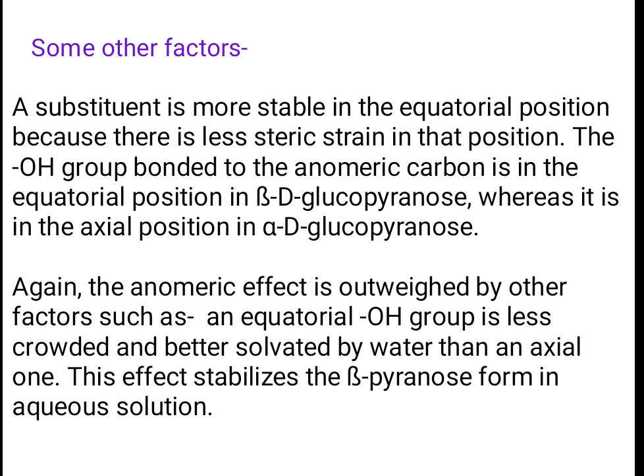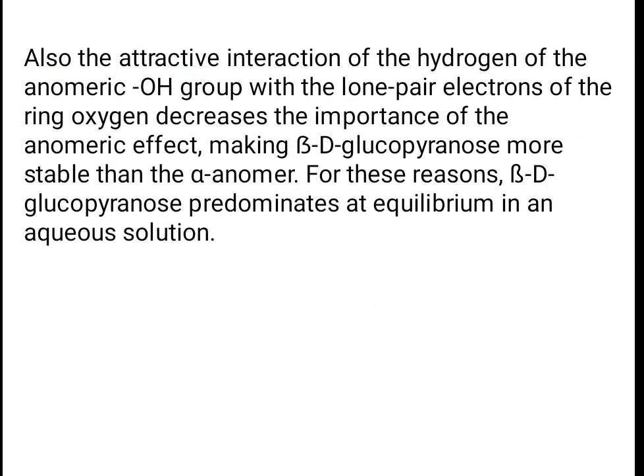This effect stabilizes the beta-pyranose form in aqueous solution. Also, the attractive interaction of the hydrogen of the anomeric OH group with the lone pair electrons of the ring oxygen decreases the importance of the anomeric effect, making beta-D-glucopyranose more stable than the alpha anomer. For these reasons, beta-D-glucopyranose predominates at equilibrium in aqueous solution.